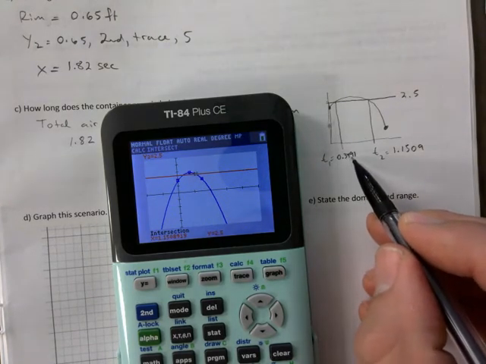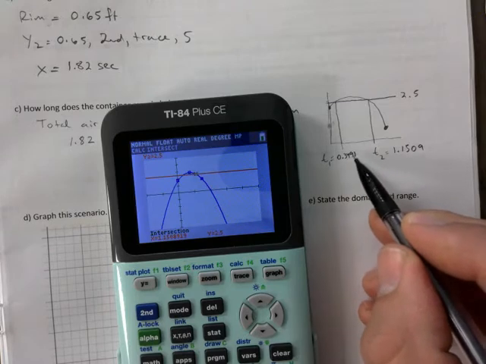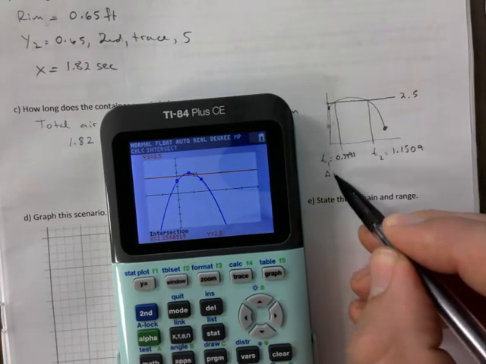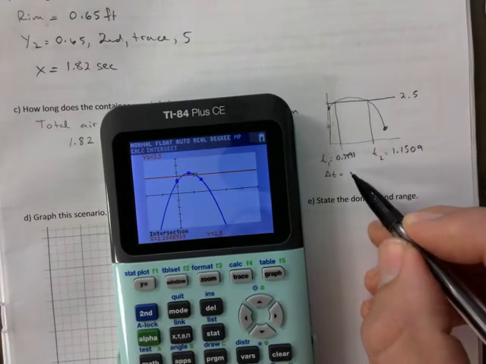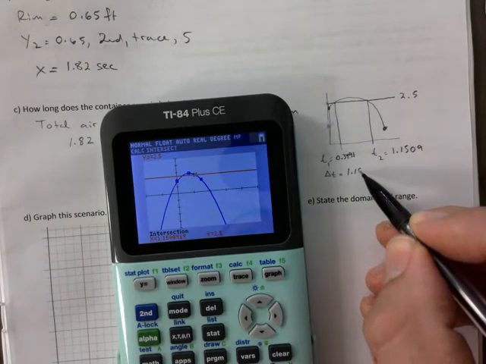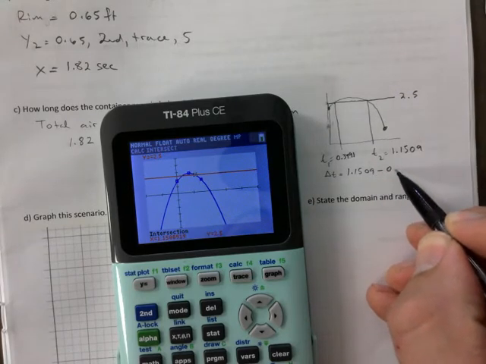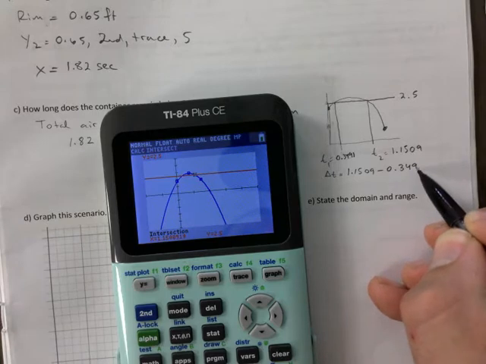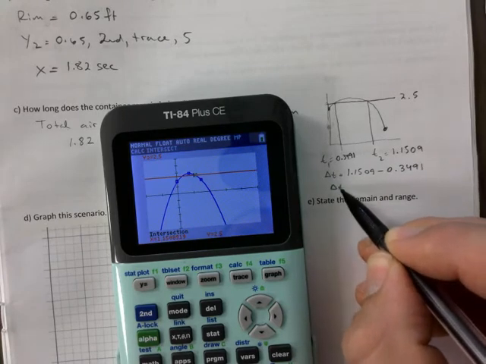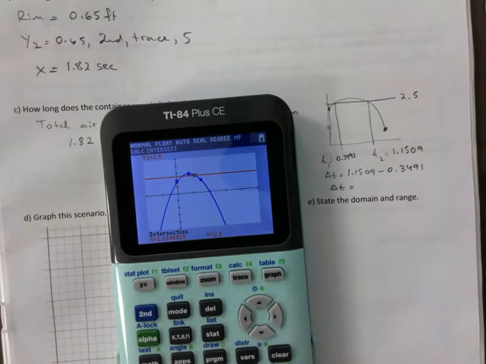This says 3491, if you're wondering. This right here, 3491. Delta time is simply subtracting them, right?